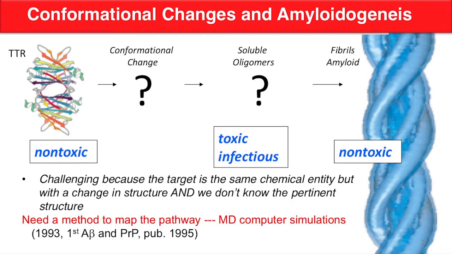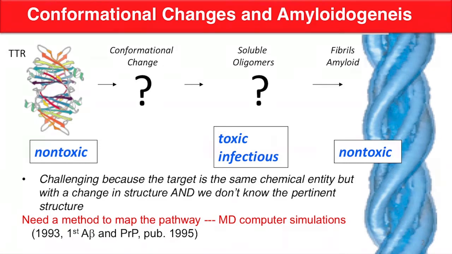So my lab started many, many years ago developing computational methods for mapping these conformational changes in atomic detail, and to use those as testable models to work with experimentalists and to devise experiments to test what the computer simulations were showing us. This is a very challenging problem, because you have the same entity changing structure and aggregating along the way.